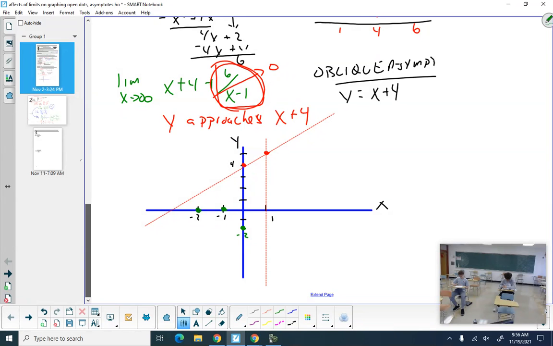Now, if we take a look, we have to contain these points, and we have to be asymptotic to this. Okay, so the first half of our graph is fairly simple to deal with, which is this section right here. I'm going to be asymptotic to my vertical asymptote. I'm going to come up through these points and be asymptotic to my oblique asymptote.